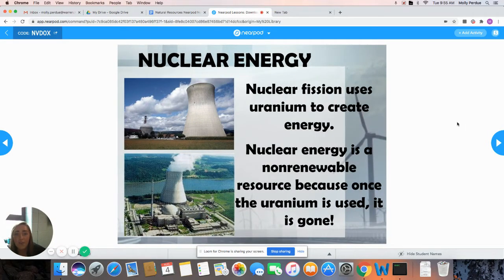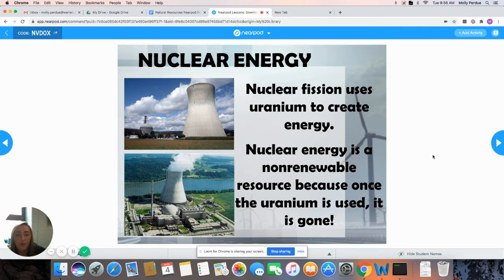Nuclear energy. Nuclear fission uses uranium, which is a mineral, to create energy. Nuclear energy is a non-renewable resource because once the uranium is used, it is gone. We'll go through more about what that means in just a second.